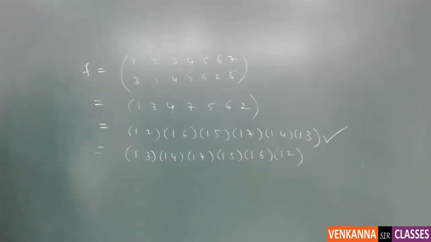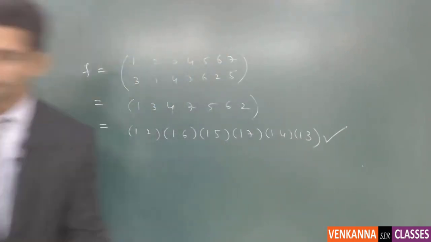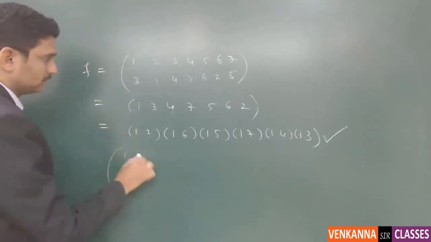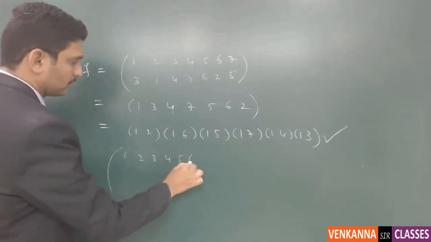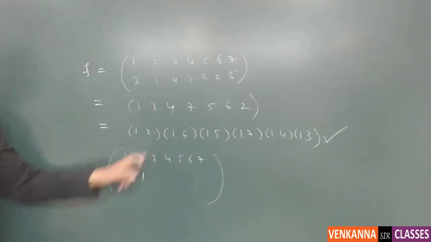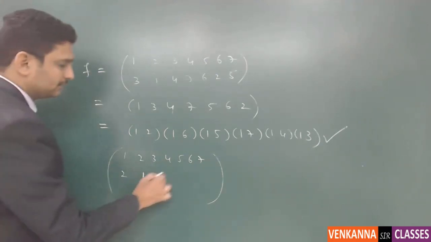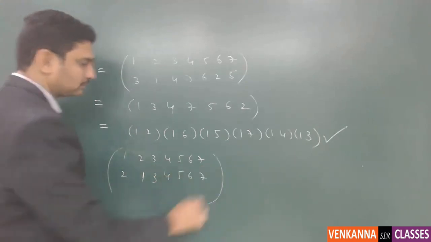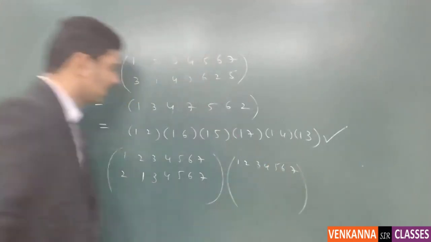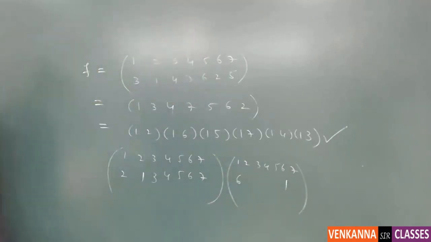Now, the actual thing here is, (1 2) means for 1 it is 2, for 2 it is 1. Remaining are taken as identity. So (1 6) means for 1 it is 6, for 6 it is 1.